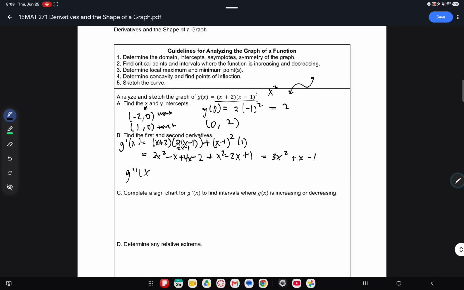So then a second derivative is going to be, oh my gosh, I'm struggling today. That should be a 2. So then when I multiply here, that changes everything right here. So it's 2x squared minus 2x plus 4x minus 4.